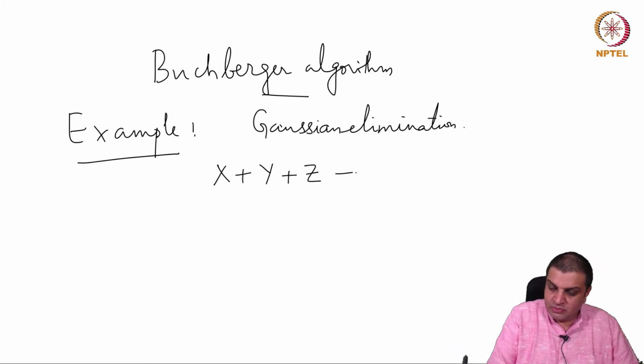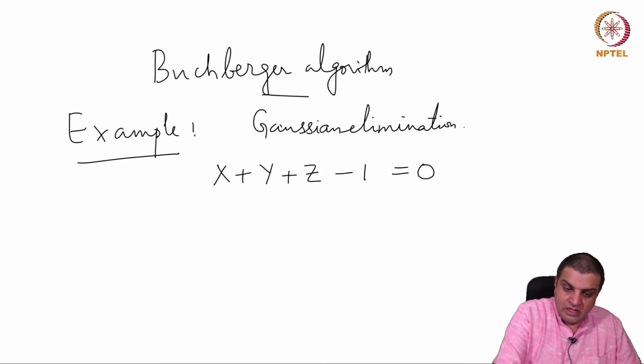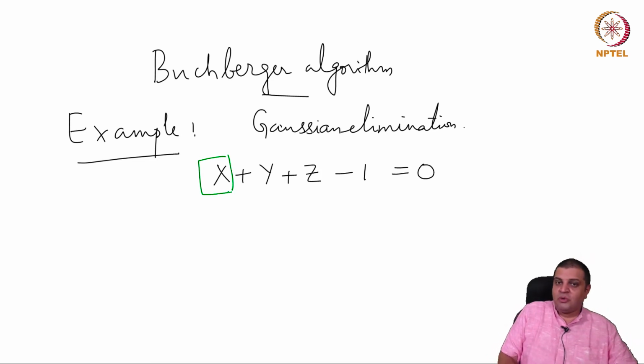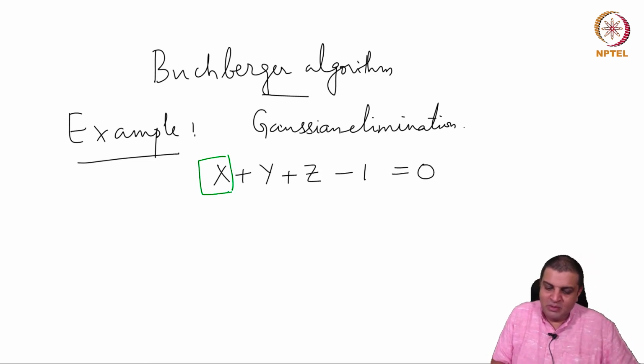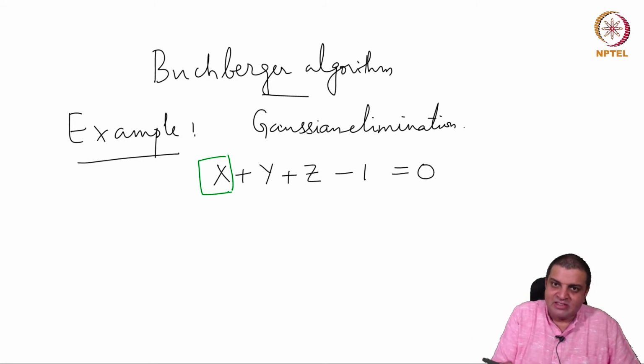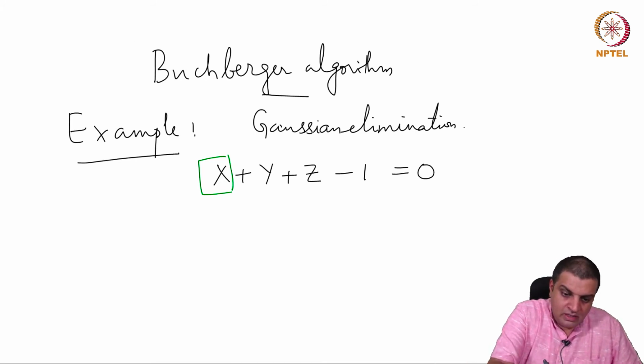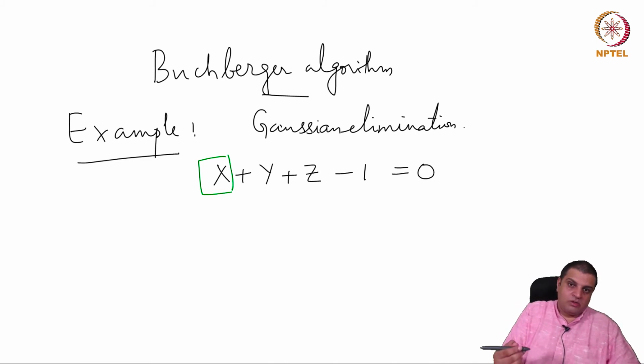So I'll write it as x plus y plus z minus 1 equals 0. Okay, and let's mark the leading terms. Well, we don't know about leading terms when you do Gaussian elimination, but we knew we get rid of the x and so on. We'll write it in a matrix and do row reduction, but I'm just writing the same thing in polynomials, just to see that this is what we were doing.